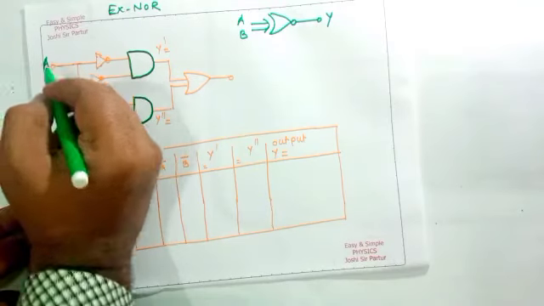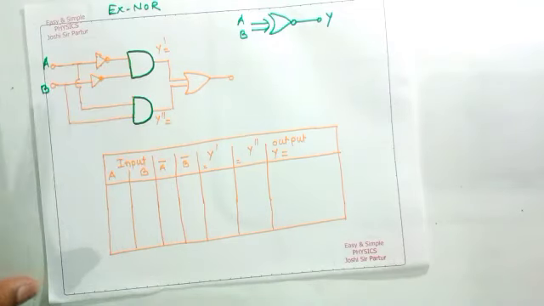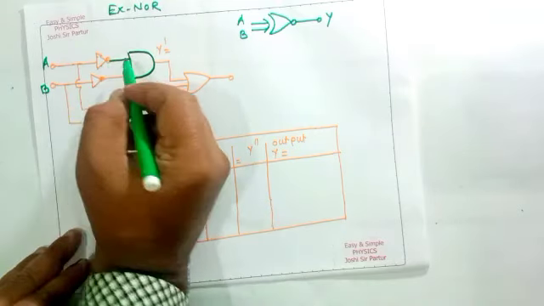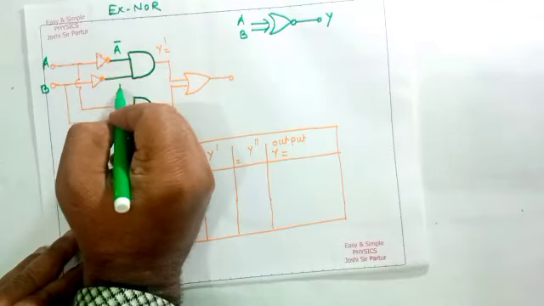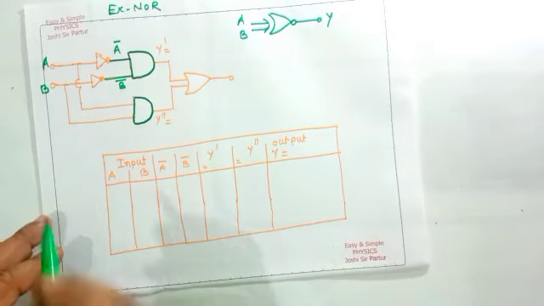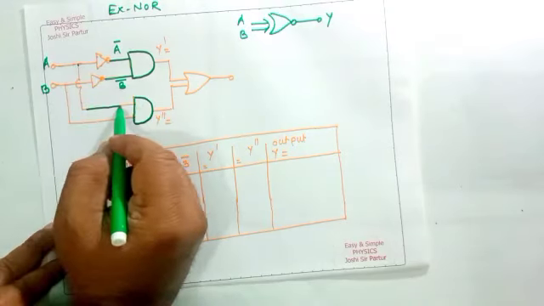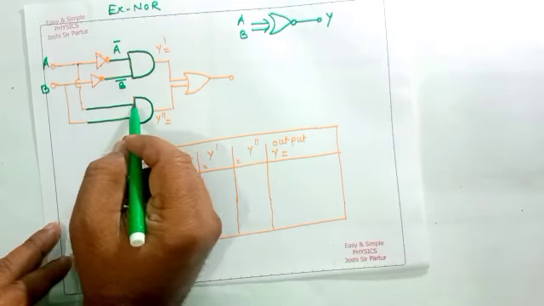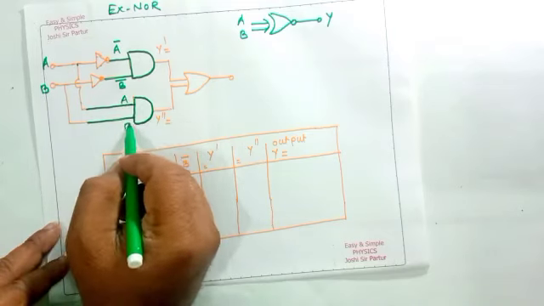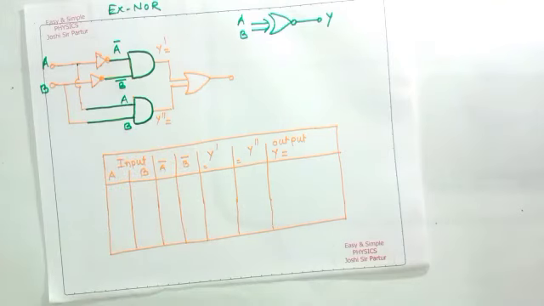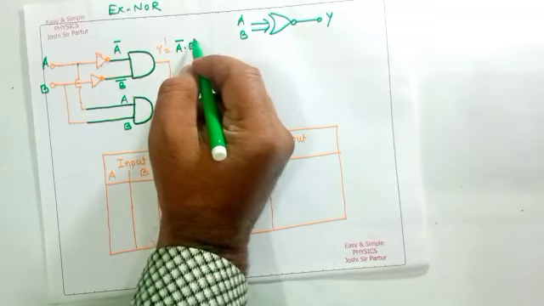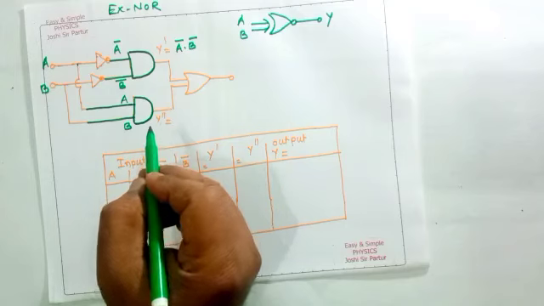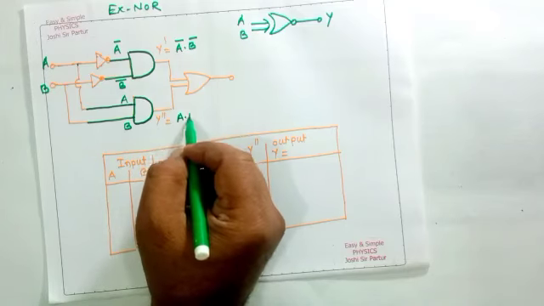The first AND gate has two inputs connected with NOT gates. So the input of the first AND gate will be complement A, complement B, whereas the input of another AND gate will be A and B. So the output of the first AND gate Y dash will be complement A and complement B. Output Y double dash will be A and B.